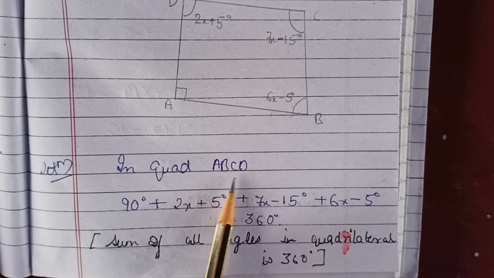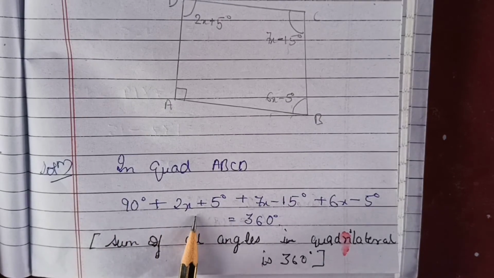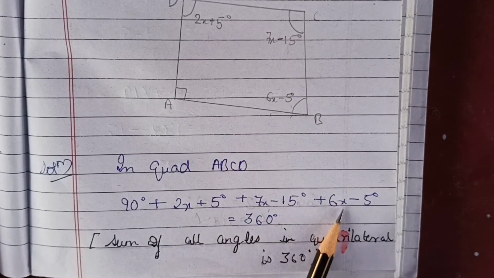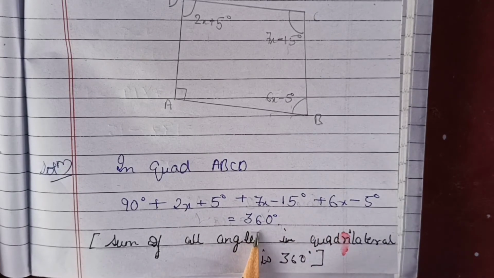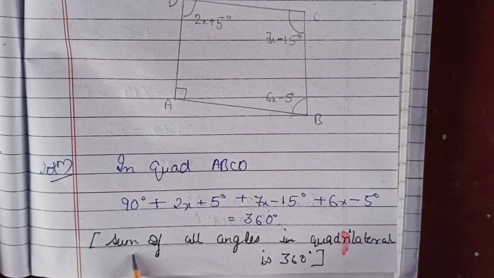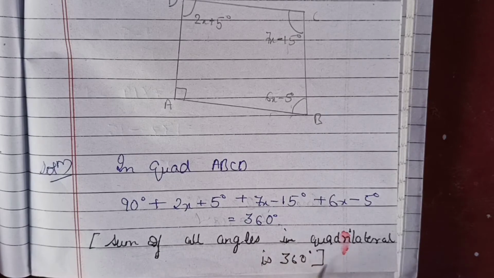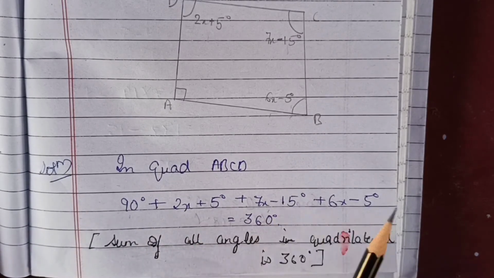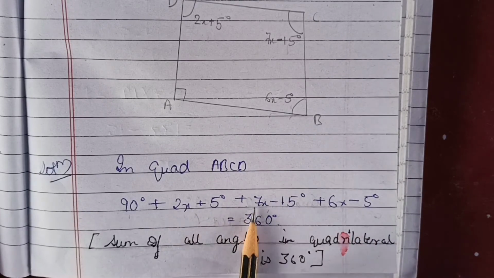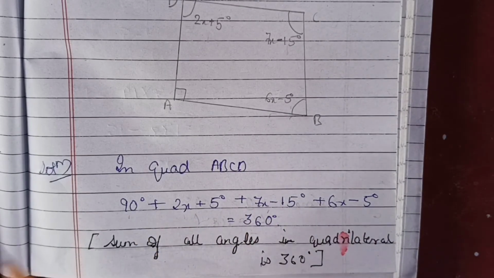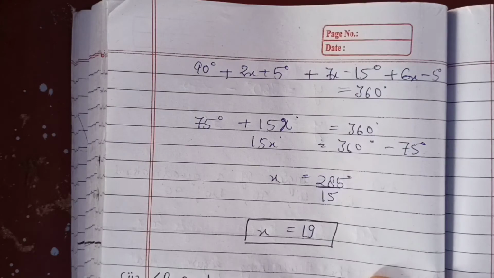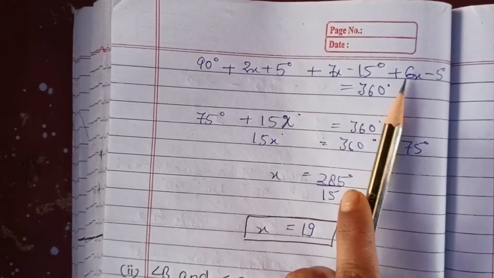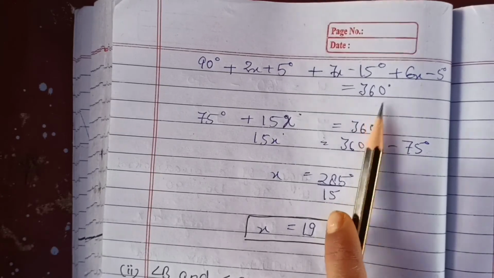Now in quadrilateral ABCD, 90 plus 2x plus 5 degree plus 7x minus 15 degree plus 6x minus 5 degree is equal to 360 degree. We will add the like terms.